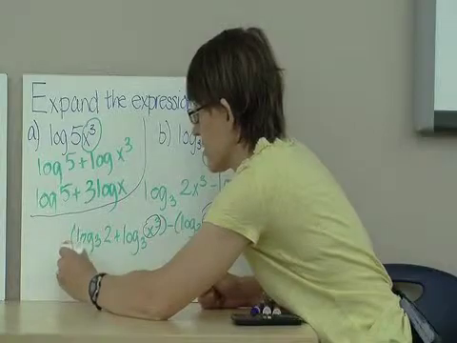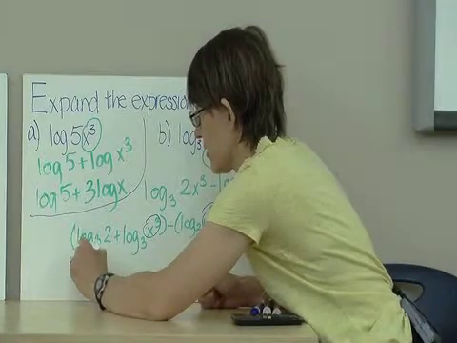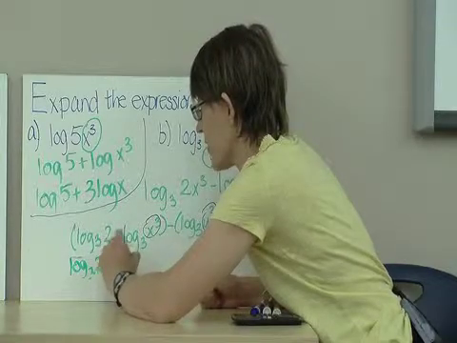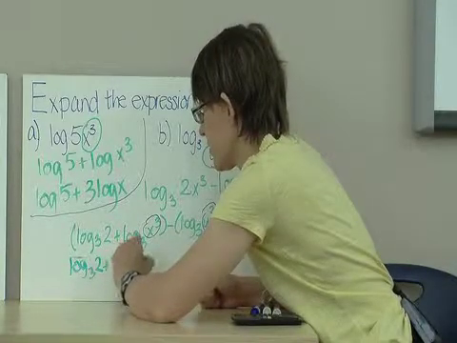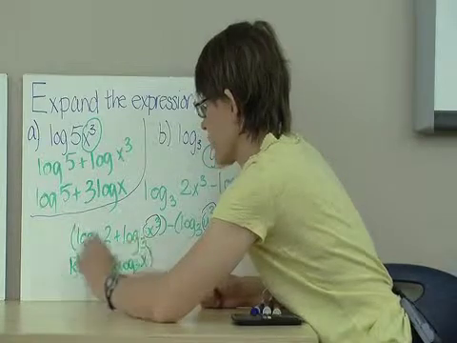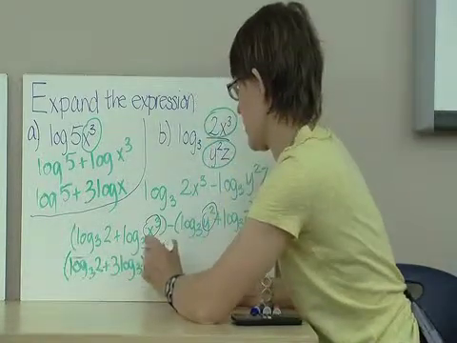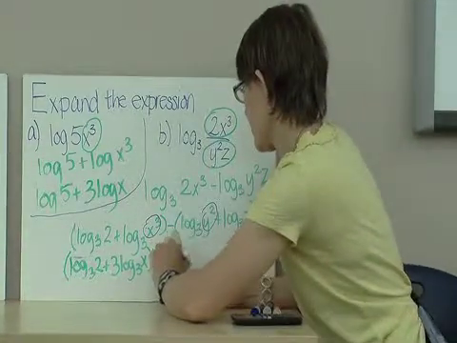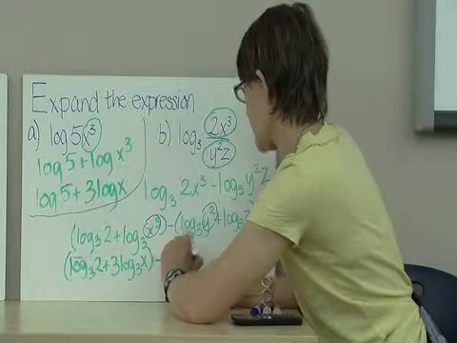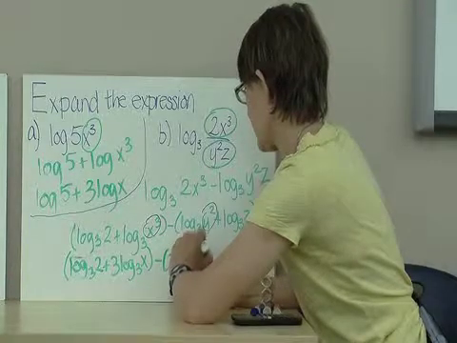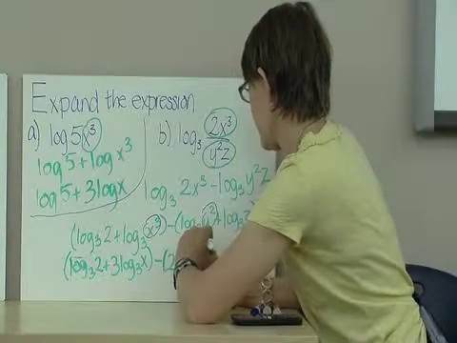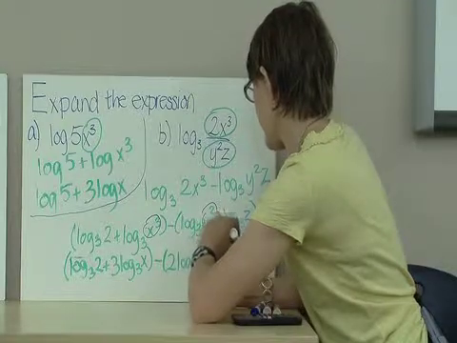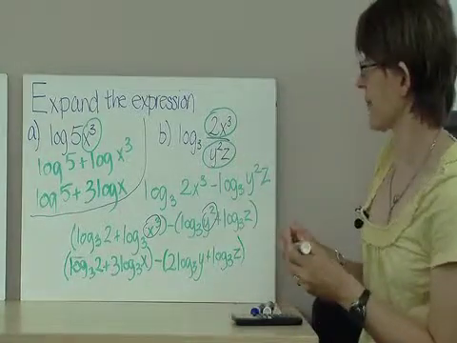So I have log to the base 3 of 2 plus 3 times log to the base 3 of x, leaving that in parentheses. And I'm subtracting, in parentheses, 2 times log to the base 3 of y plus log to the base 3 of z.